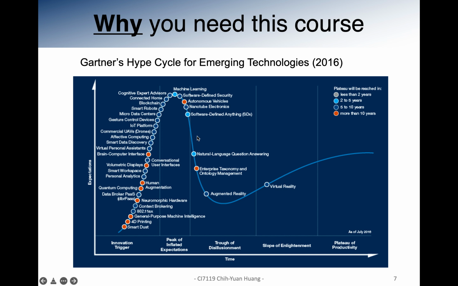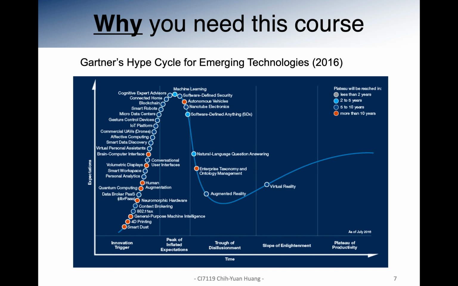This trend is what they call the hype cycle for emerging technology. Each of the dots here represents an emerging technology that they think is important for the coming year. And this graph is for 2016.